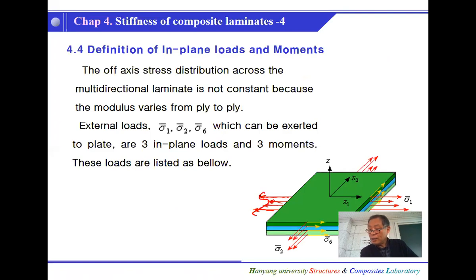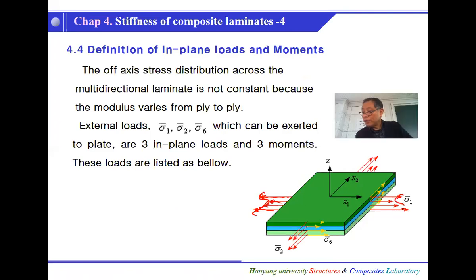But here, we don't need to pay attention to the equilibrium equation. Here, we like to emphasize that the stress can vary through the thickness. It's sigma 1 and sigma 2, and even shear, you can see that. Each ply, if you look at the ply, this ply can have this much stress. And second, you have this much shear stiffness.